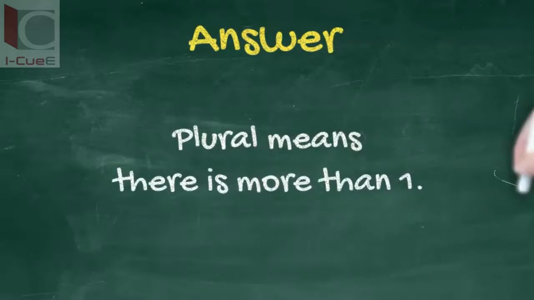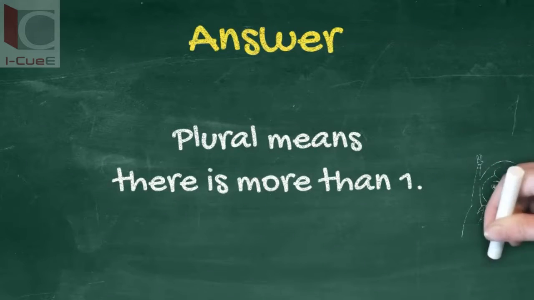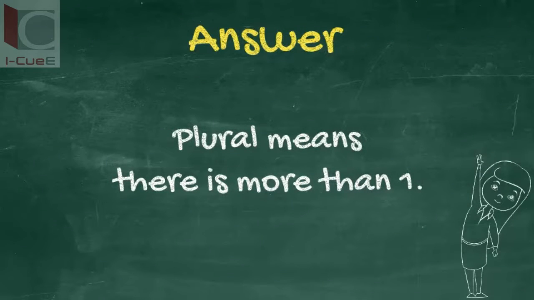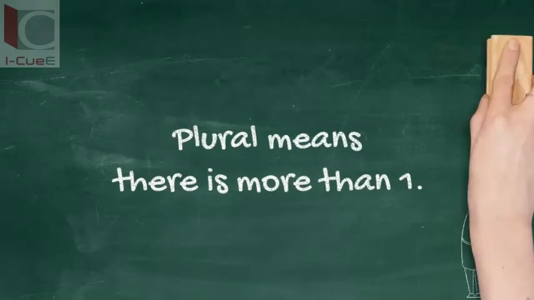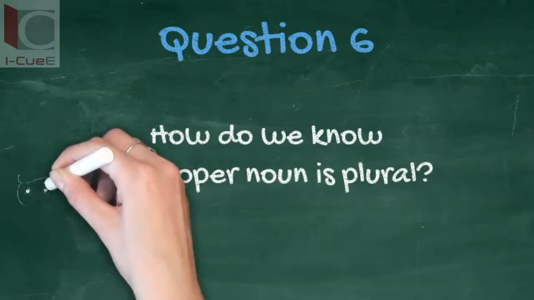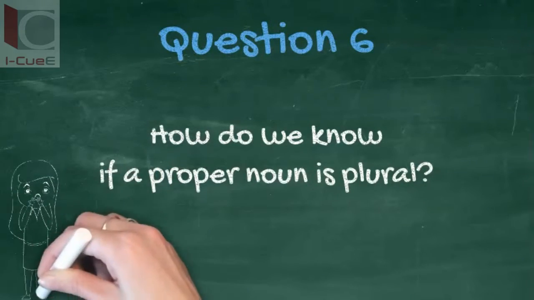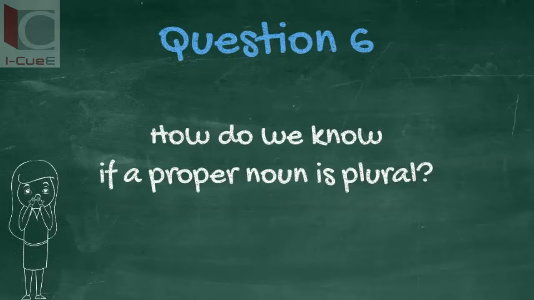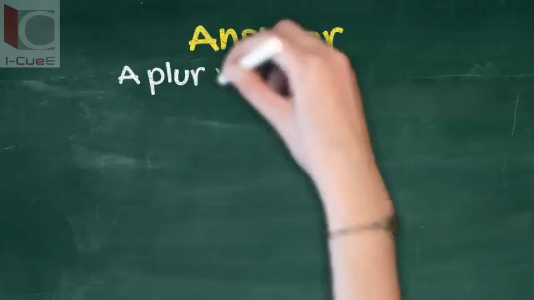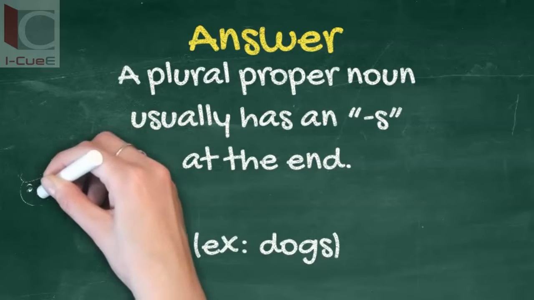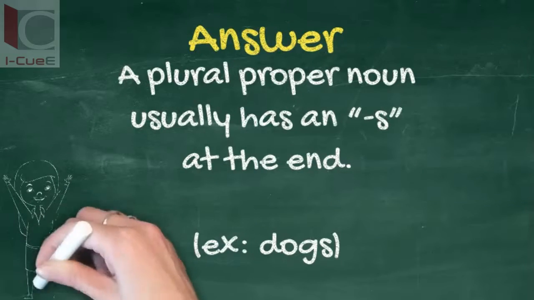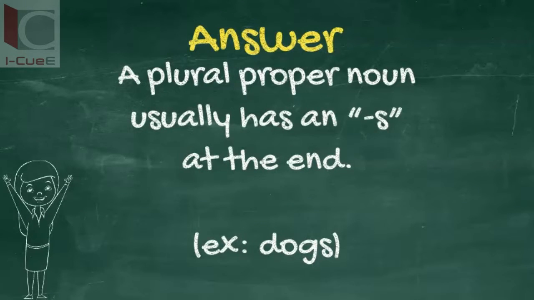Plural means there is more than one. How do we know if a proper noun is plural? A plural proper noun usually has an S at the end. Example, dogs.